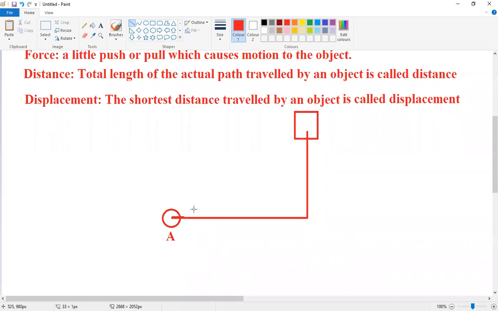There is another path. You can go through this way as well, or you can go through this way as well.